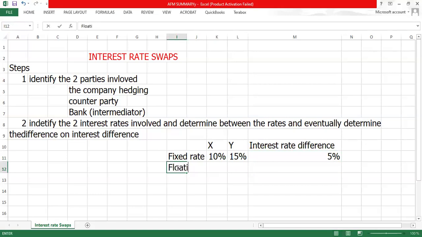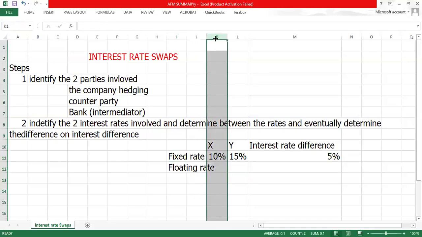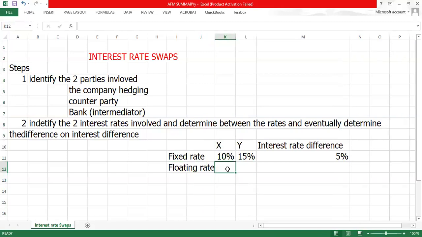That's what we mean: identify two rates, the fixed rate and the floating rate. In the question you will be given the floating rate. The floating rate will always be the CBR, the central bank rate, or the LIBOR, or the prime lending rate, plus let's say 1%, depending on how it is quoted.